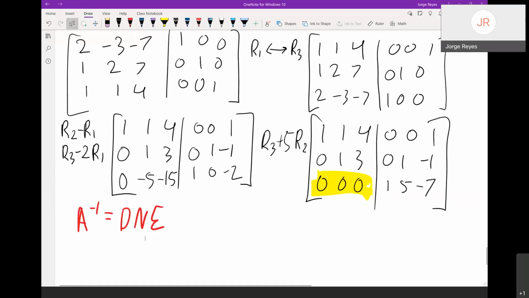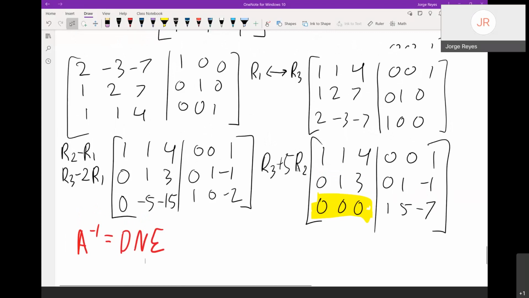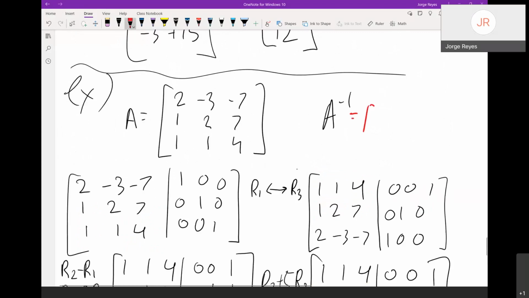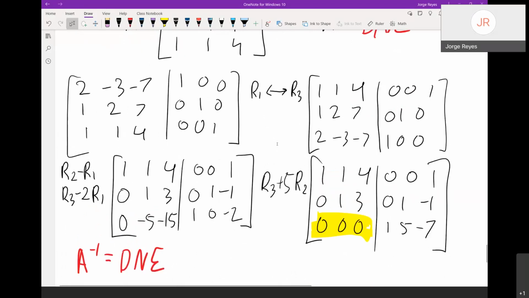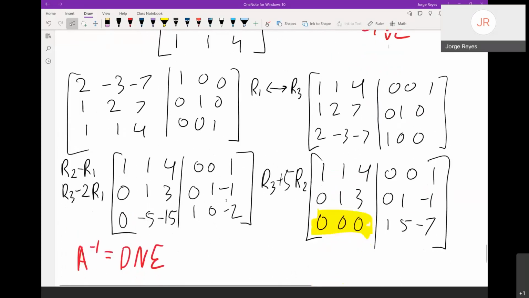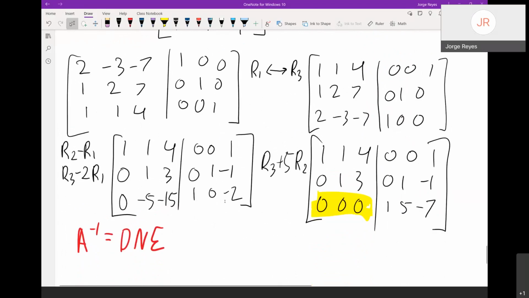So as soon as you get all zeros, you can stop and just tell me A inverse does not exist. So if at any point in your finding of an inverse, you zero out an entire row, that means it doesn't exist. But later on in the next section, you will find that you should just take a determinant and it'll be 0. And then this will save you some time and pain.